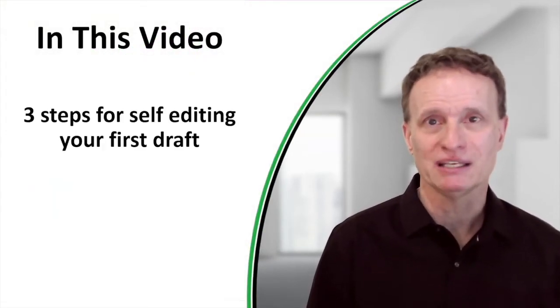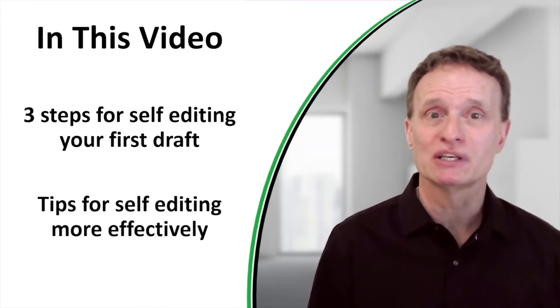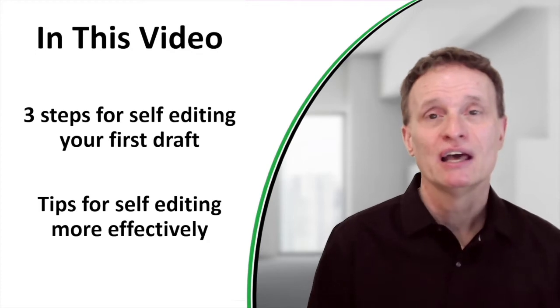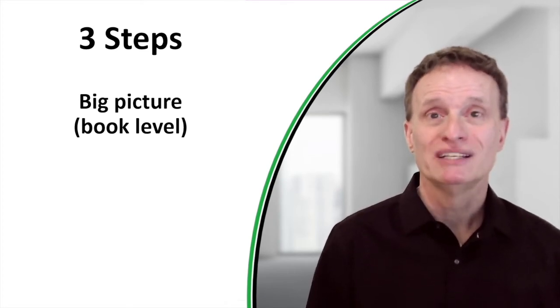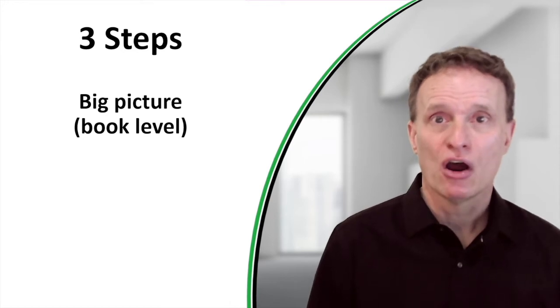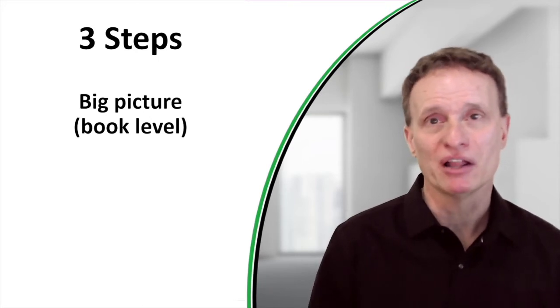Specifically, what I'm going to talk about are the 3 steps I recommend in the self-editing process, as well as some tips on how you can self-edit more effectively. Here are the 3 steps I recommend. First of all, do a big picture edit. And this is really looking at the book level. So does the entire book make sense? Are the scenes in a compelling, clear order? And is it organized overall in a very compelling way?